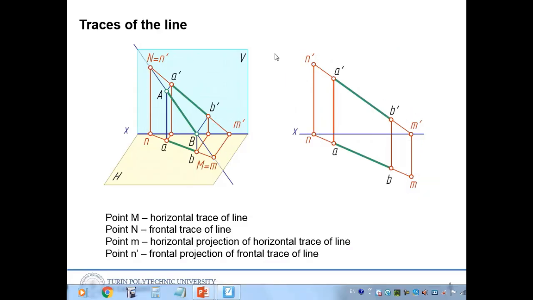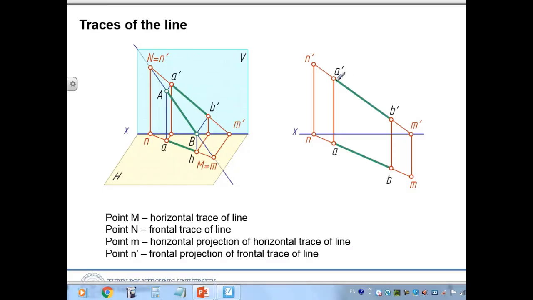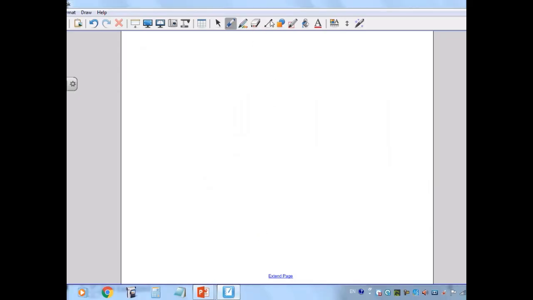We have a slope, right? So continue that slope until it cuts OX. Let's see it on the blackboard. The line is given like this.